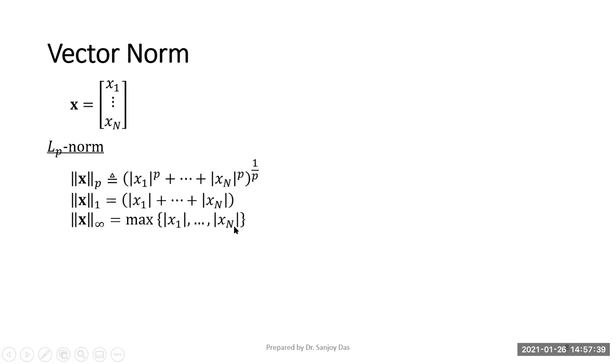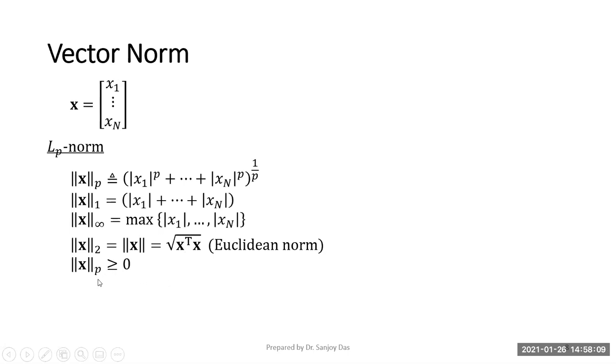And the 2 norm, or Euclidean norm, L2 norm, is the default. If p is not specified, then by default it's the Euclidean norm, and that's equal to square root of x transpose x.